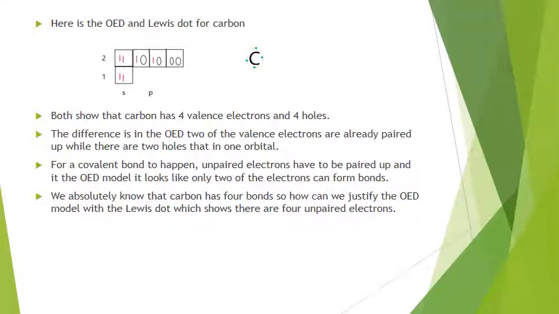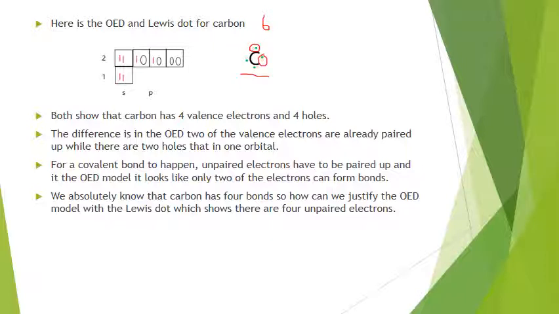So here's the overall energy diagram for the Lewis dot structure for carbon. Carbon has four valence electrons, so it has two in the S and two unpaired in the P. In the Lewis structure, you notice that it has four.